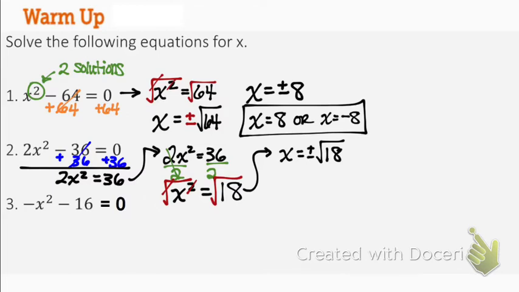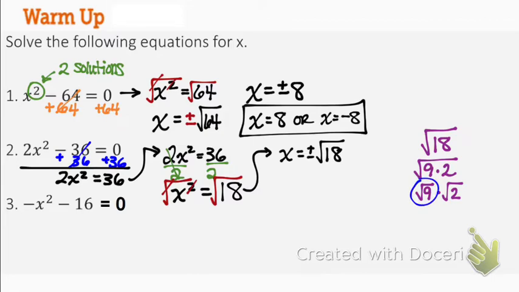Can I simplify the square root of 18 at all? It's not going to come out to be a whole number, but I want to know whether or not it simplifies. 9 times what? 9 times 2. Why do we like this 9? It's a perfect square.